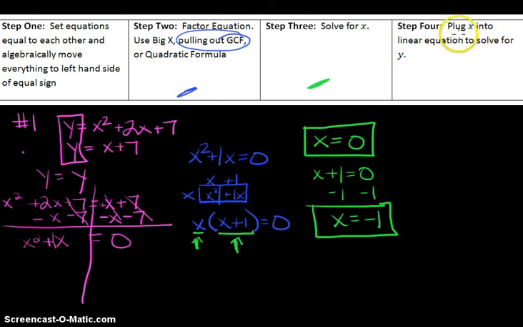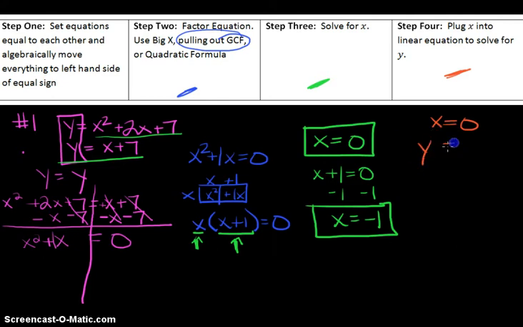Step 4, it says plug x into the linear equation. And the reason why I'm saying the linear equation, which is this one right here, is because it's easier to substitute in to find a value for y than the top equation. All right, so let's go ahead and do step 4. Okay, so step 4, let's use the first value for x. So when x equals 0, I'm going to plug in to the linear equation.